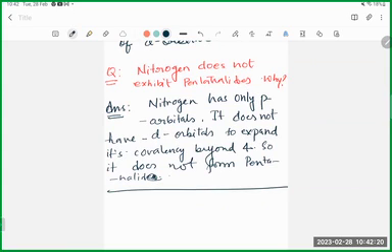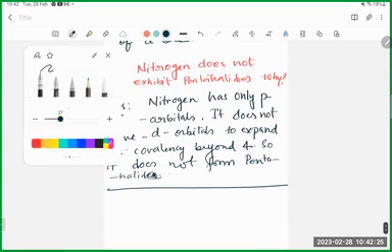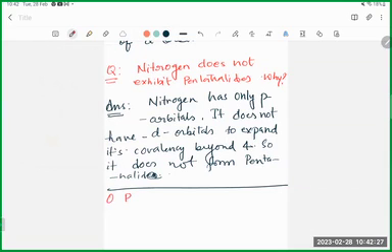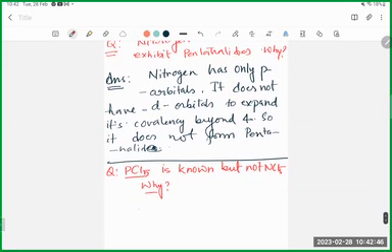So this is about the reactivity. They can even ask a question, Hridaya: PCl5, phosphorus pentachloride, is known, but not NCl5, nitrogen pentachloride. Why? You will be able to answer.